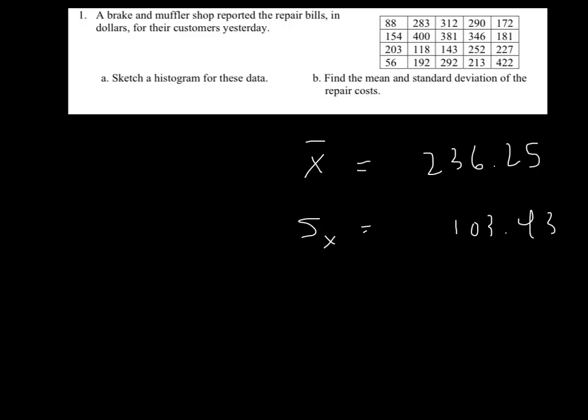Since this has to do with repair bills, I'm just going to put the appropriate units. Remember, quantitative data has units, and standard deviation and mean both have the exact same units, the original units of the problem: American dollars. That is why I rounded off to the nearest hundredth on the standard deviation this time, because that's as far as we go in American currency.